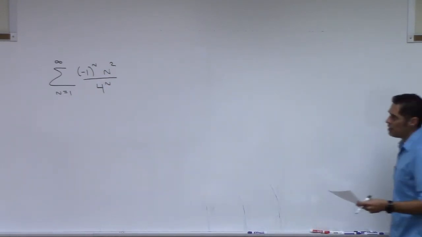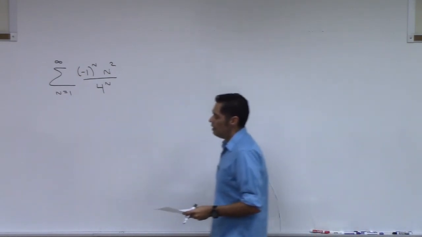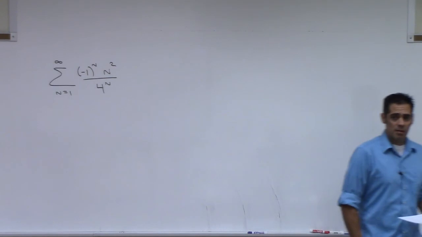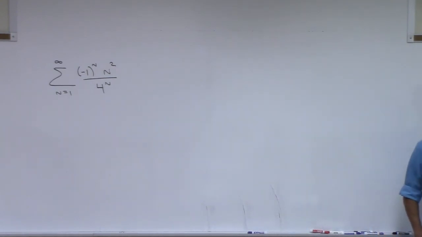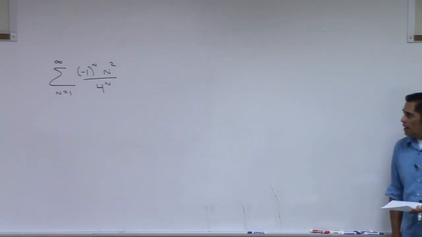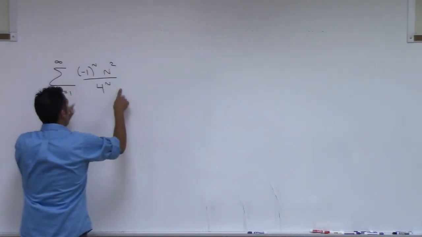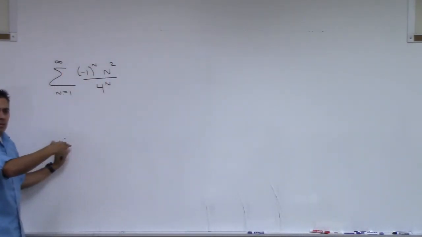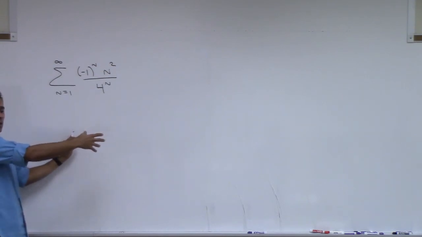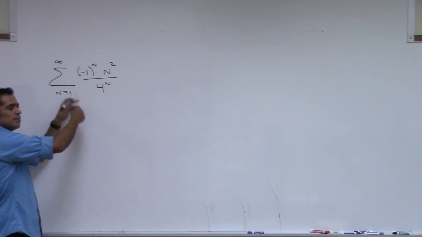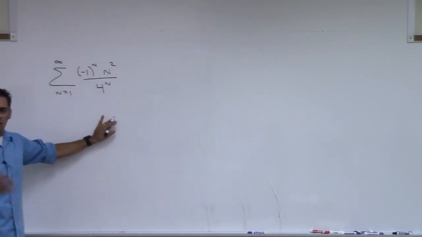All right, so let's just think about a couple of things here. It's an alternating series, right? So you could use an alternating series test here. We could also take the absolute value of it, and then we might be able to compare it to something and hope for convergence, because if the absolute value converges, then that converges. So there are a lot of things you could maybe try here.